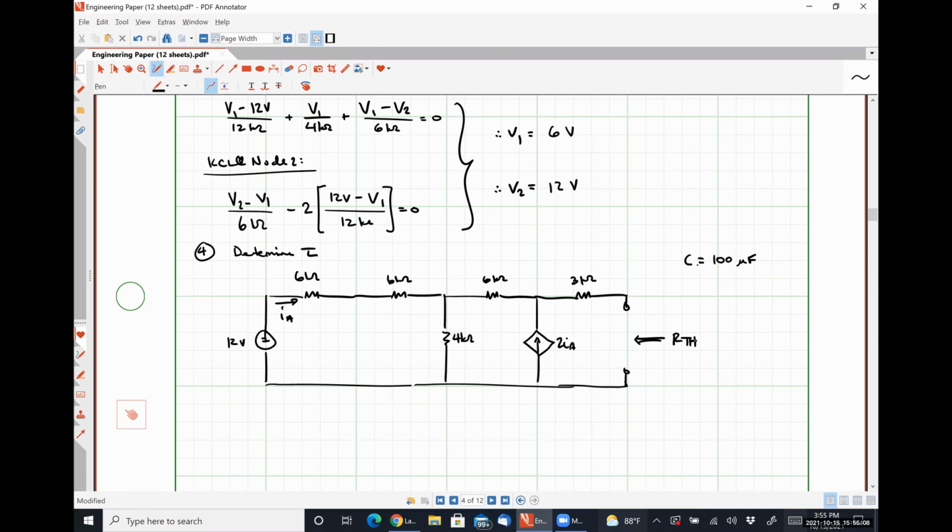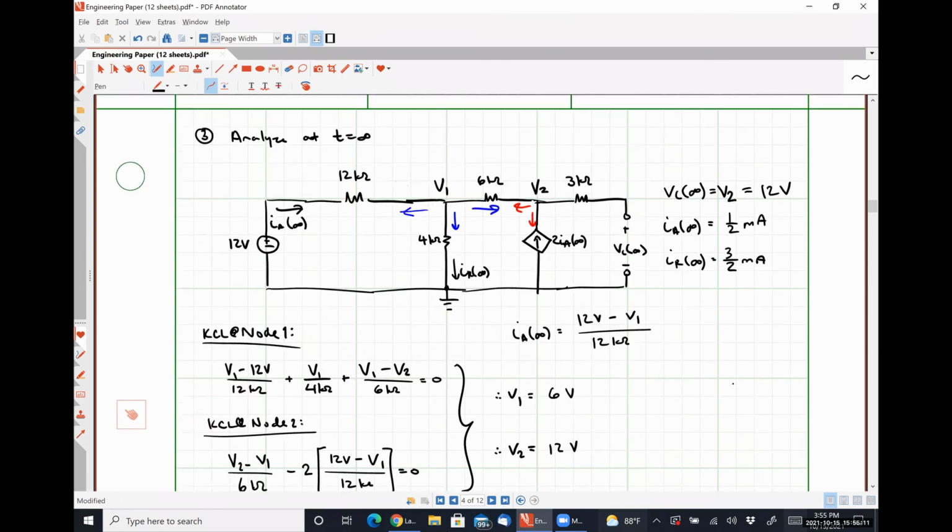Now, if we scroll up here and we analyze this circuit at t is equal to infinity, what does VC represent? The open circuit voltage. So we already know what VThevenin is. So the question then begs, is it easier to calculate I Norton, or is it easier to apply the test source method?